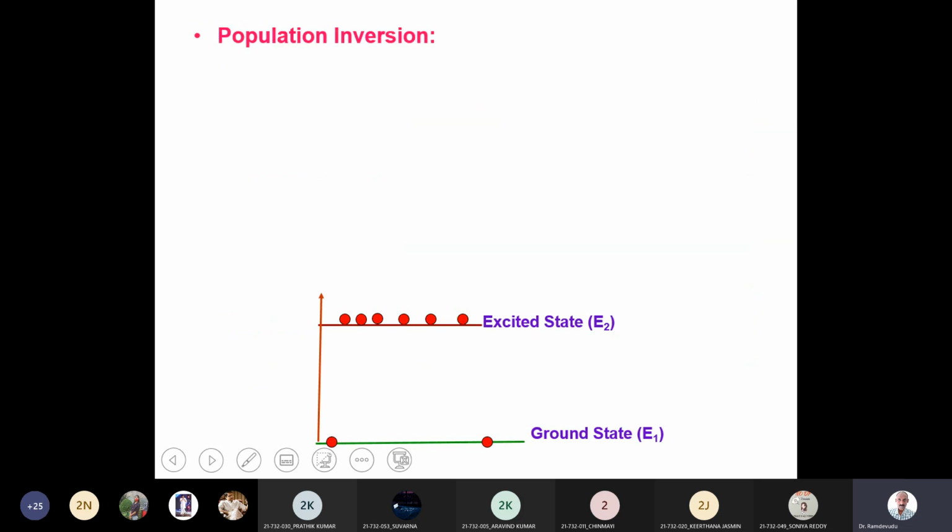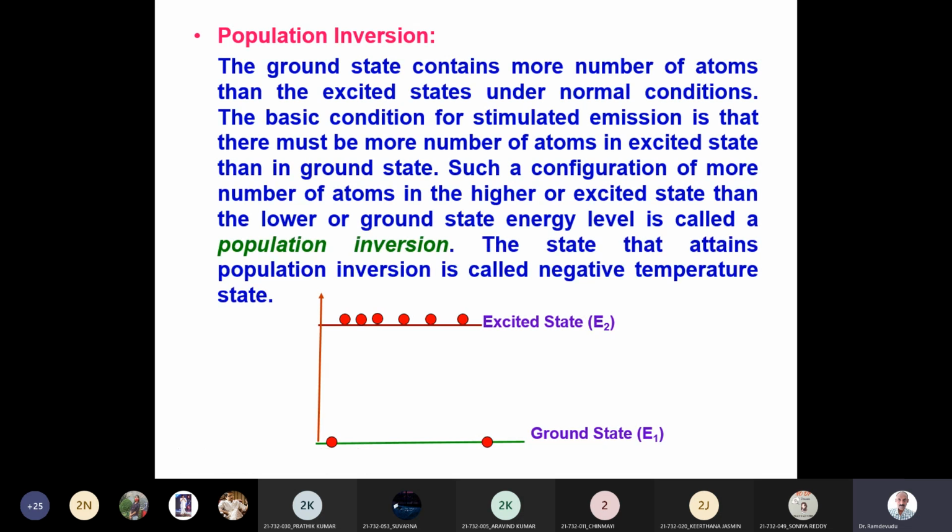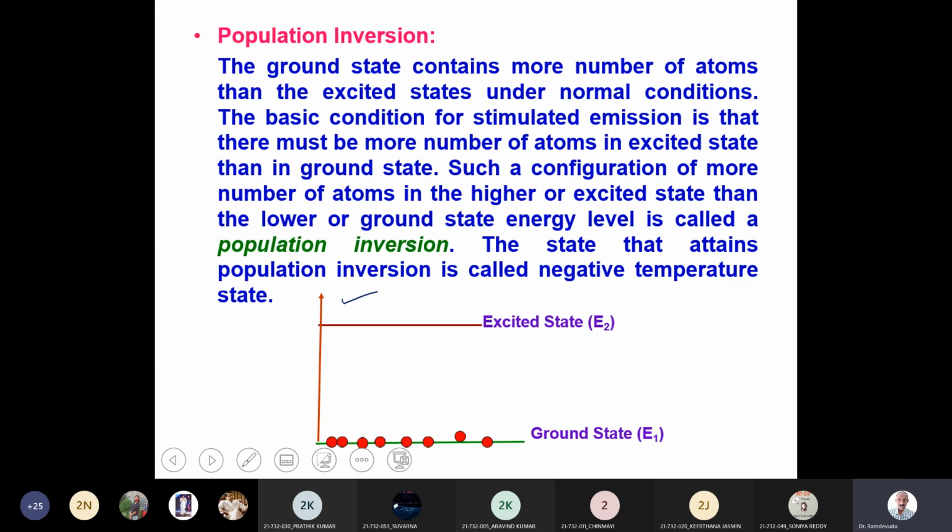Next, the second condition, which we have defined already, is population inversion. If you take it here, I have more number of atoms here and fewer atoms here. Previously the atoms are in the excited state, all of them.